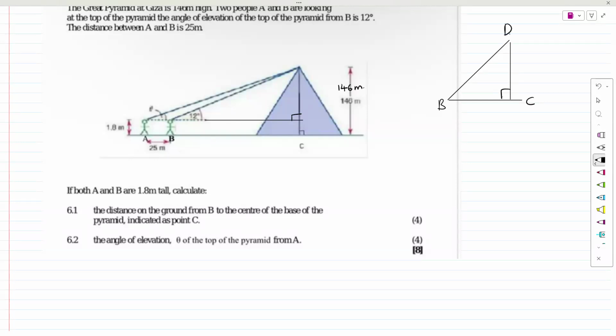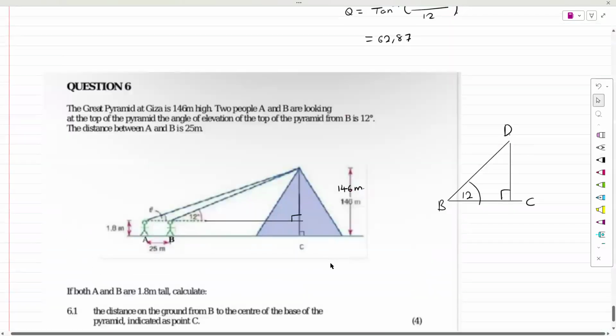Now we do have A as well. We have the 12 degrees, but we don't have the full distance, and we need to figure out what it is. The pyramid is 146 meters high.